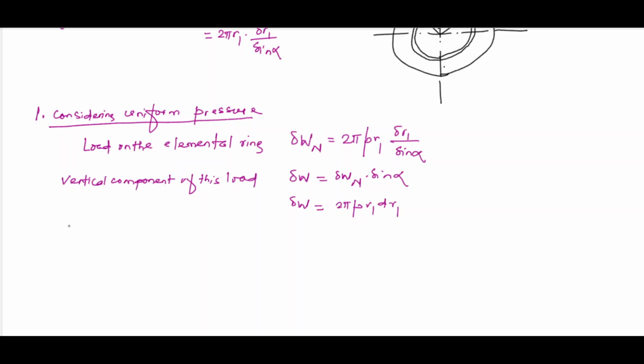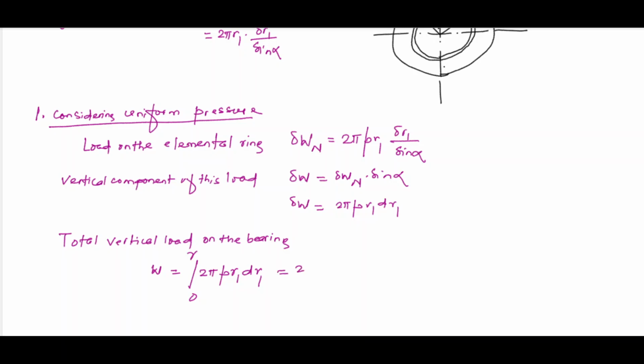Okay, so total vertical load on the bearing, this W will be integration of 0 to r, 2 pi p r1 dr1.